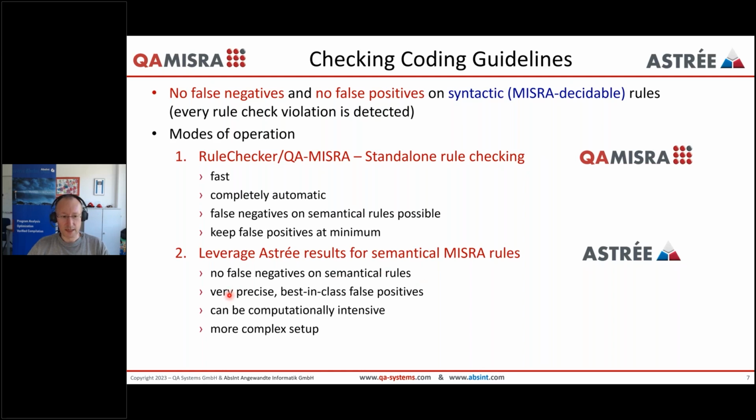Regarding the false alarms, ASTRE is very precise, and actually the false alarm rate is minimal if you look in the field at what analyzers are around. Well, the analysis can be computationally more intensive, so you have seen that it takes longer than just a QMISRA analysis, and the setup can be more complex, so you have to specify an entry point for the analysis.